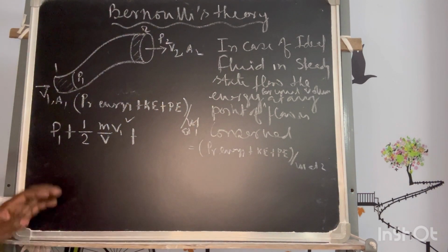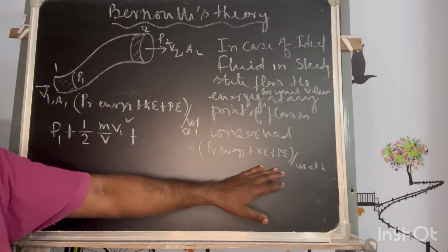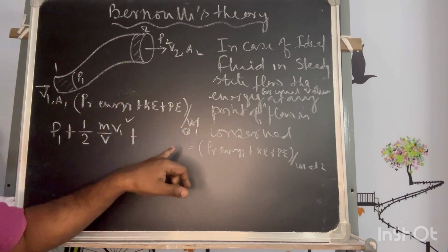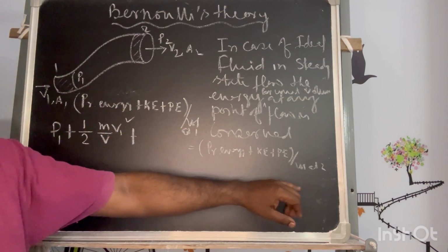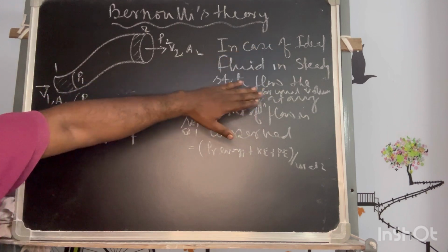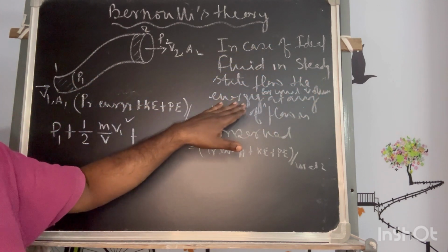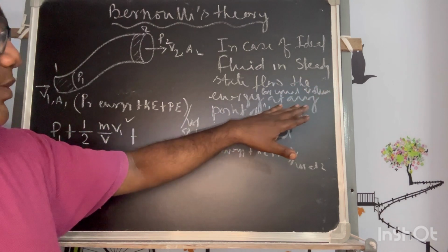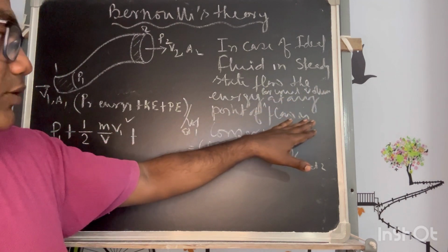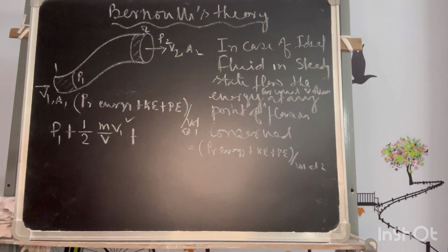This will be our energy conservation equation: energy per unit volume at 1 equals energy per unit volume at 2. So in the case of an ideal fluid in steady state, the flow energy per unit volume at any point of the flow is conserved, and will not vary.